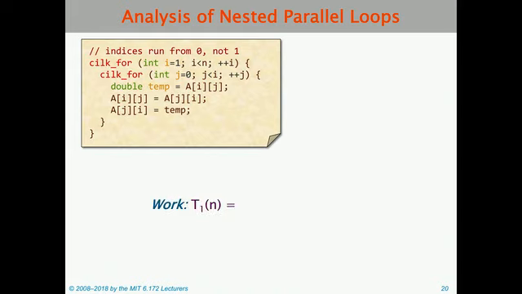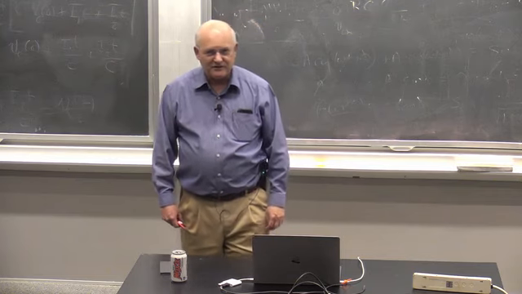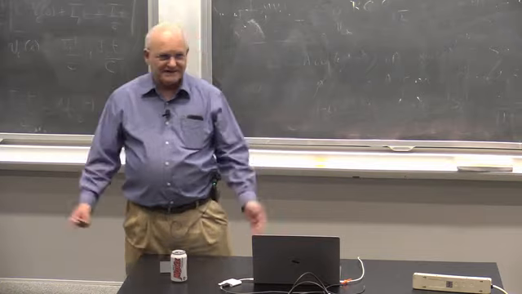So how much work do we have for this situation? Hint, all work questions are trivial, or at least no harder than they were when you were doing ordinary serial algorithms.